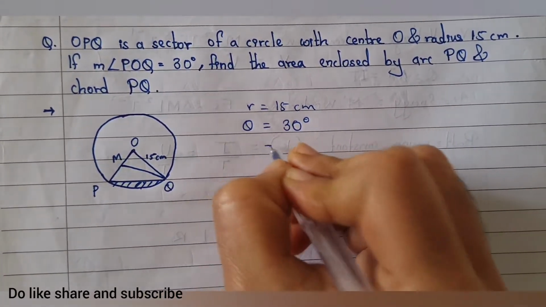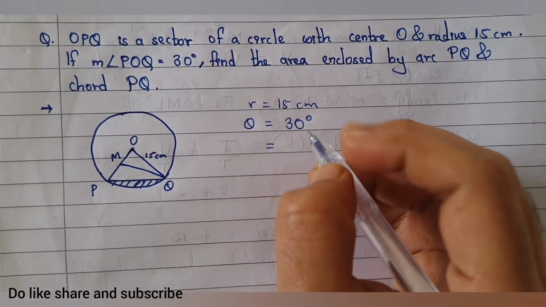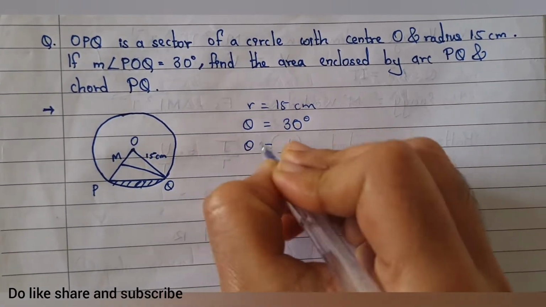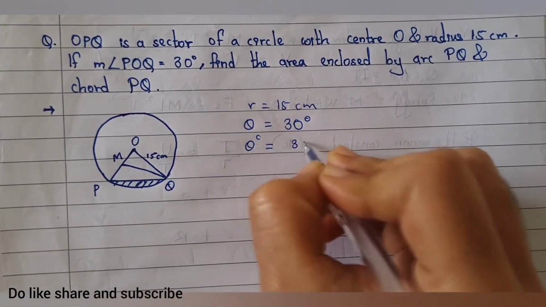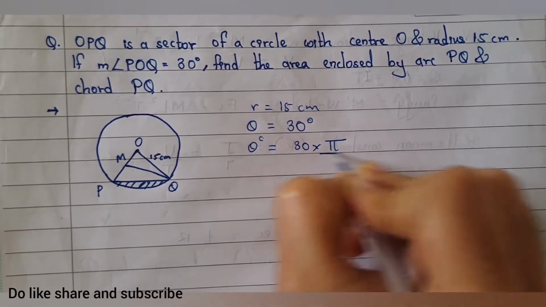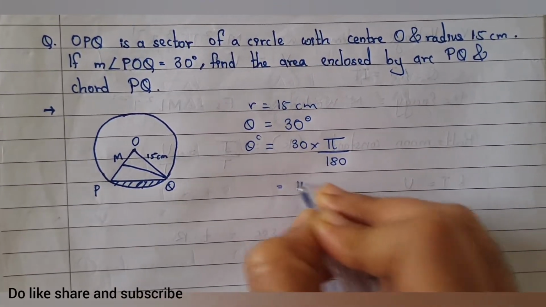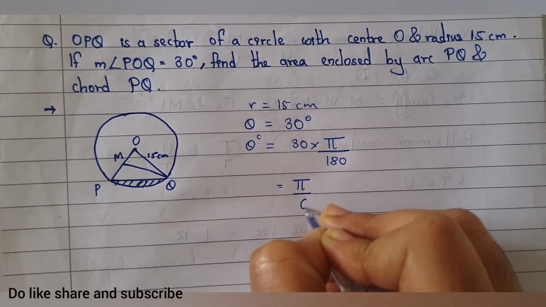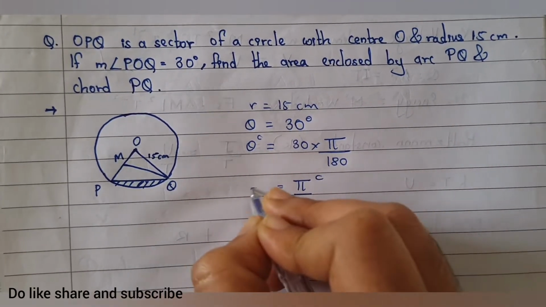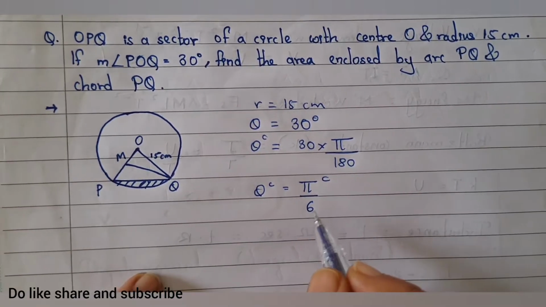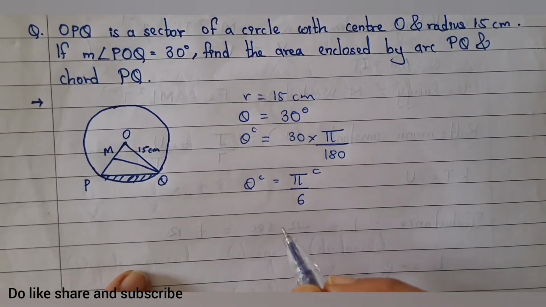We have to convert this angle into radian measure, so theta in radian is 30 into pi by 180, that will give us pi by 6 radian.